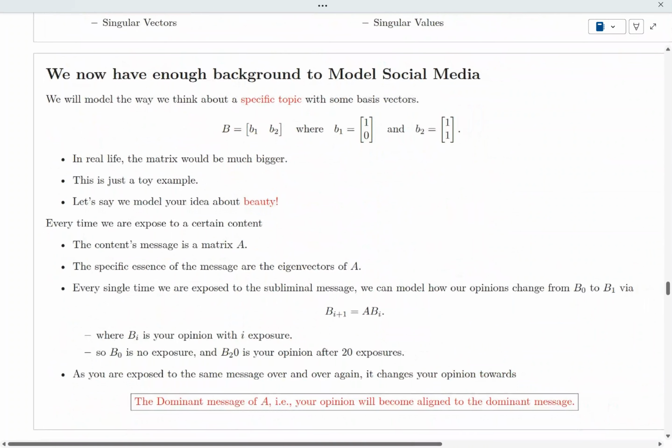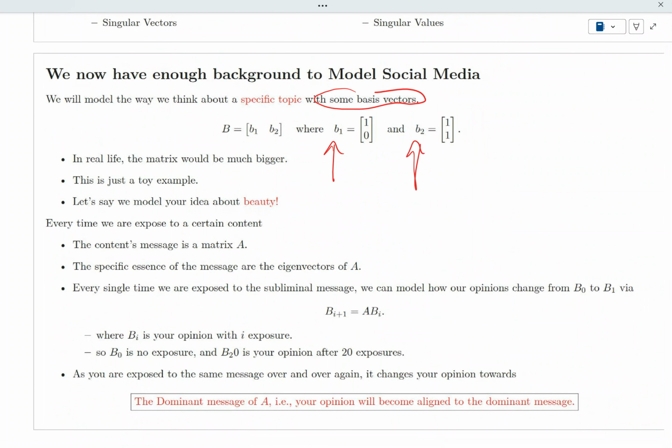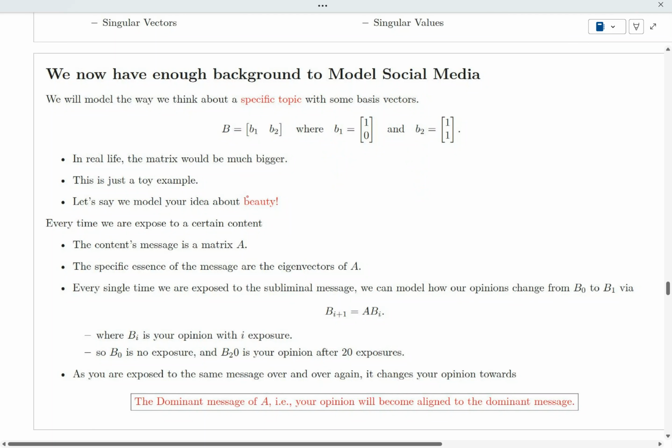Let's say that we model the way you think about a specific topic with some basis vectors. In today's example, let's say we talk about beauty.